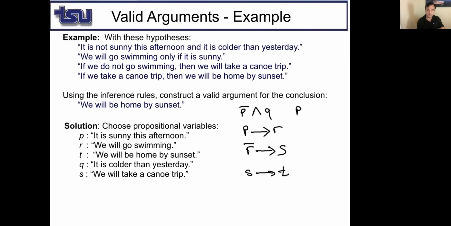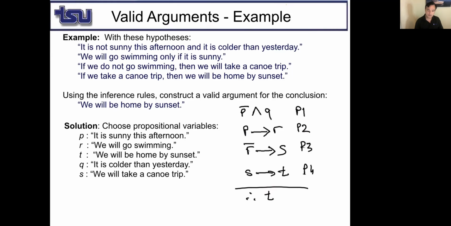So premise 1, premise 2, premise 3, and premise 4, and our conclusion is T. We will be home by sunset. So that's the argument. Now we are going to see if this is a valid argument or not. That's what we are going to prove right now. Given those premises, can we conclude that T, we will be home by sunset, is a valid conclusion?